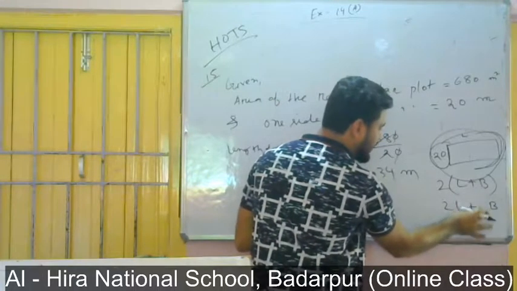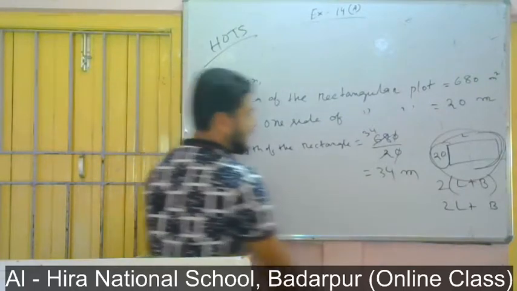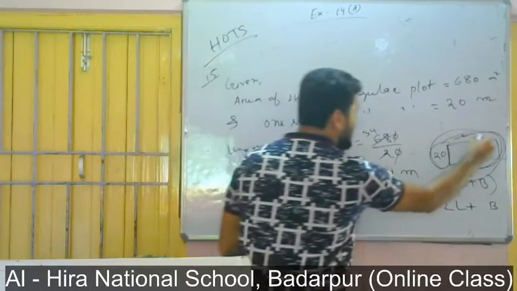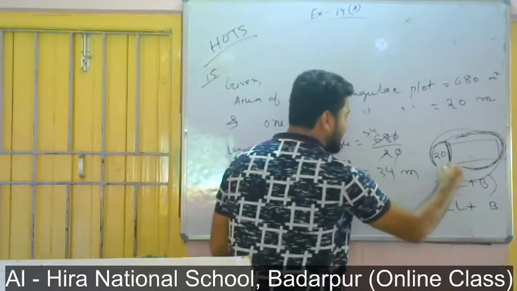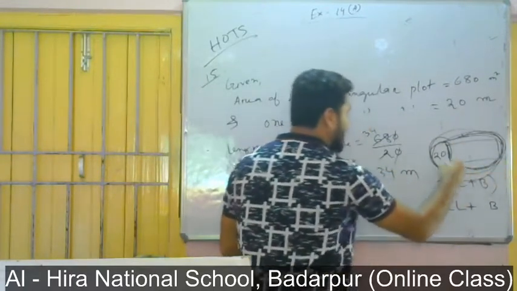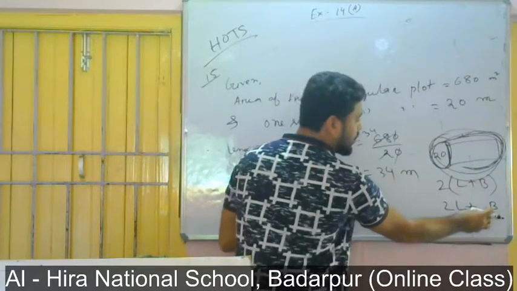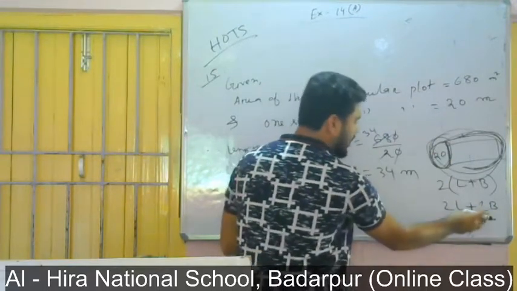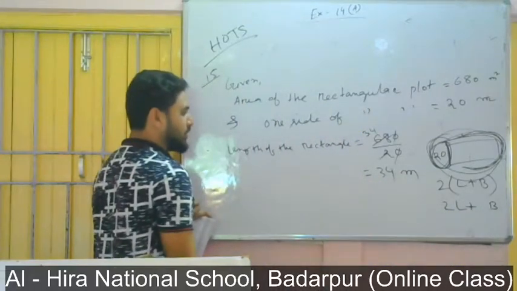So it will be 2L plus B, because here you have to find the fencing for three sides, and for that reason you have to subtract one side. So 2L plus 2B, but we will subtract 1B, so it will become only 1B.